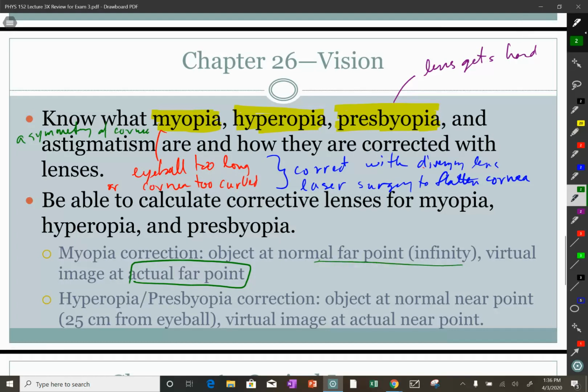For hyperopia, and don't worry about presbyopia here, the normal near point is 25 centimeters, and you take an object at that normal near point, and you need it to make a virtual image at the actual near point. It's as simple as lens problems get, but you have to know how to do the correction for myopia or hyperopia.